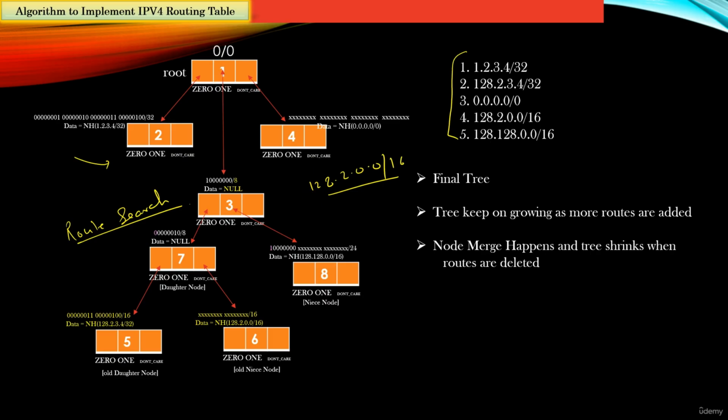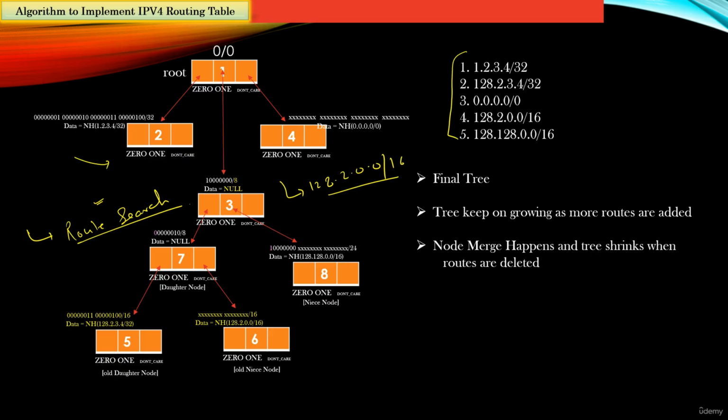As simple as that. So that is called the route search algorithm, and not to be confused, it is not a longest prefix match algorithm. Alright, I'm simply telling you that given a route, search whether this route was inserted in this mTry data structure or not. So that is the route search algorithm which we are going to discuss next.